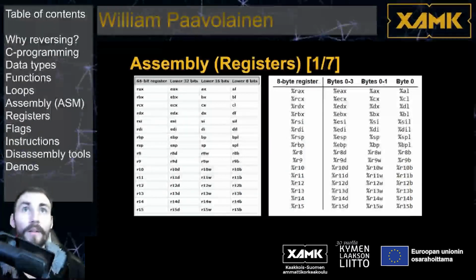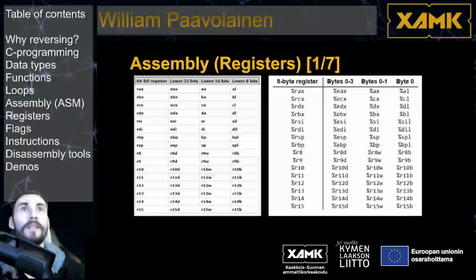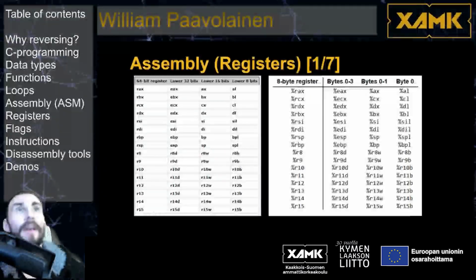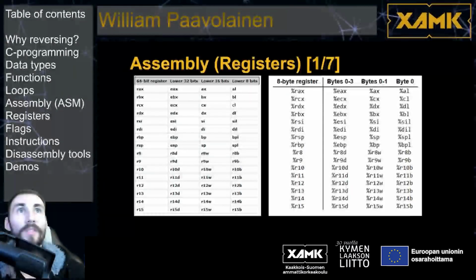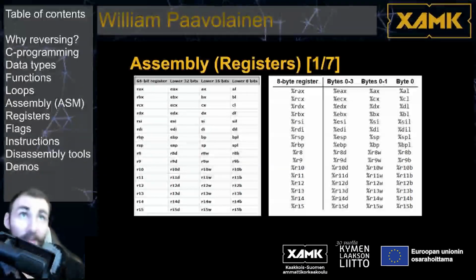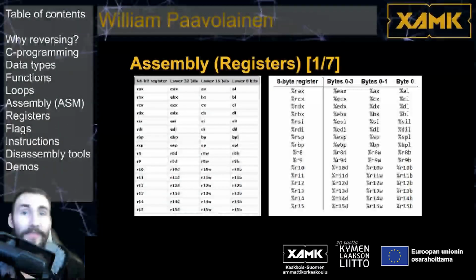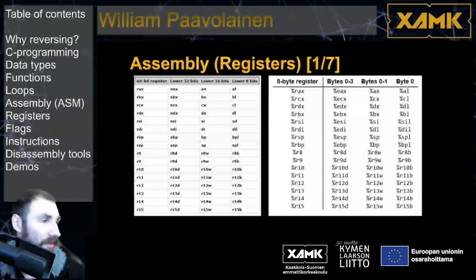So we have one 64-bit register, and then the lower 32 bits of that register are just labeled EAX. And then the lower 16 bits of that register are just labeled AX. But it's still within the one 64-bit register. I can actually show you.